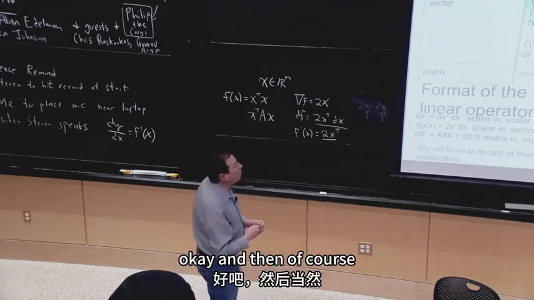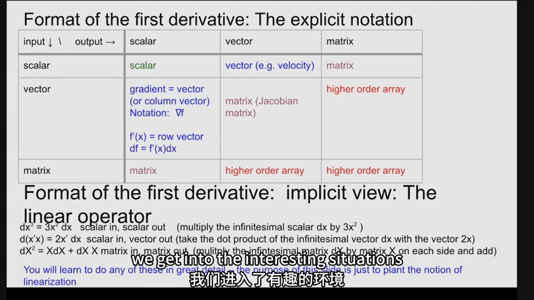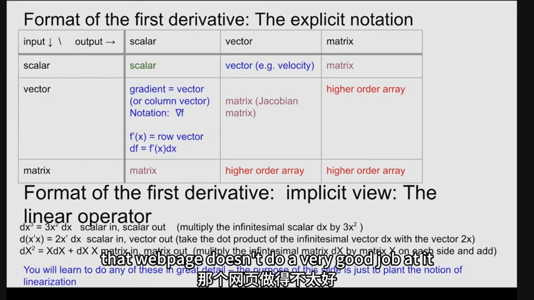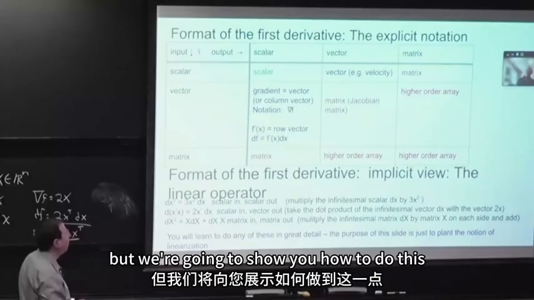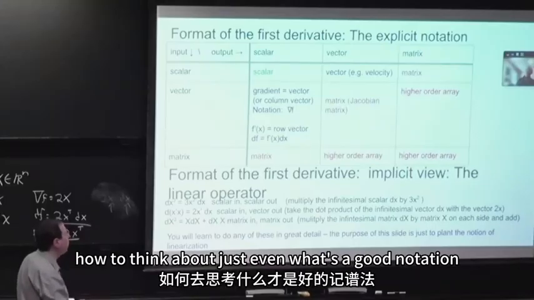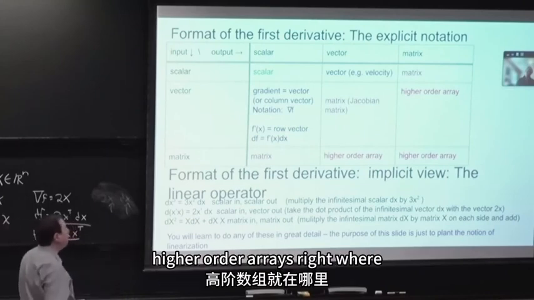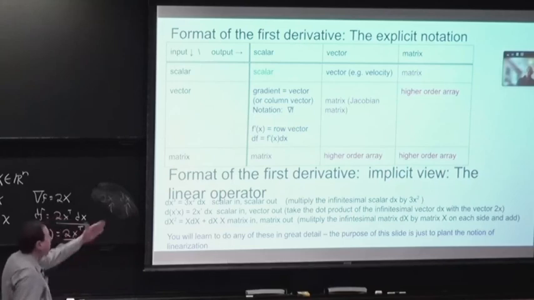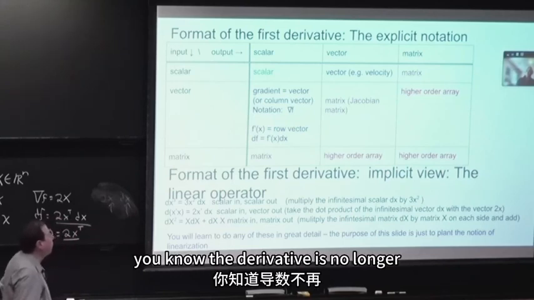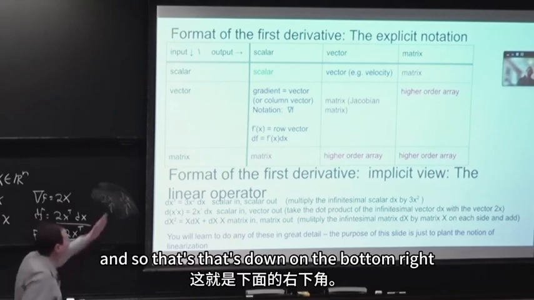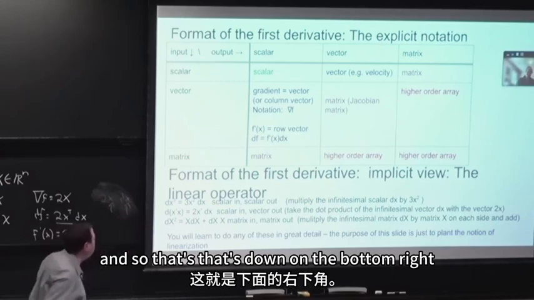Then we get into the interesting situations as you move down this table, where that web page doesn't do a very good job, but we're going to show you how to think about a good notation when you move into higher order arrays, where the derivative is no longer best expressed with 2-dimensional matrices. That's down on the bottom right.